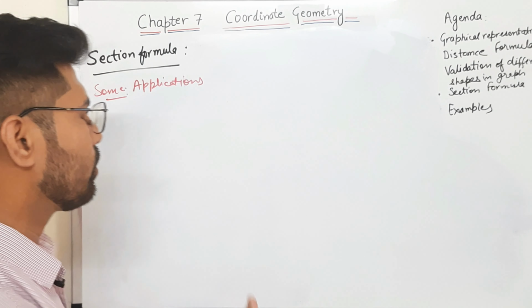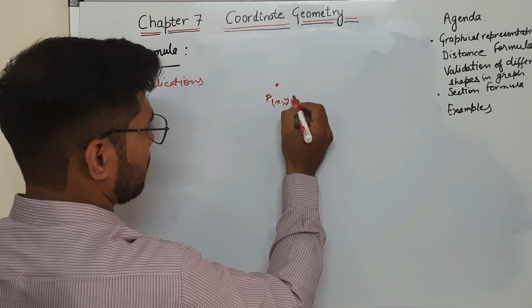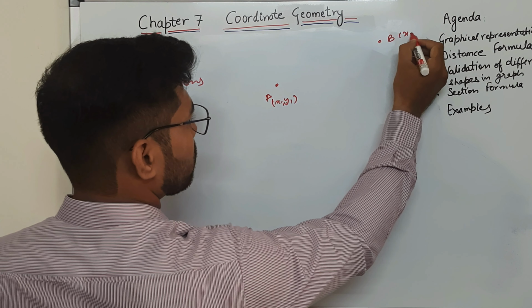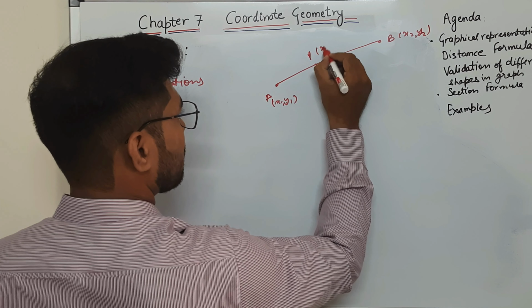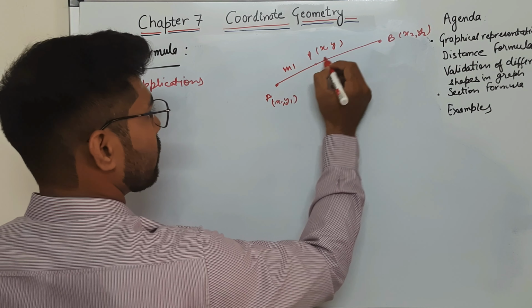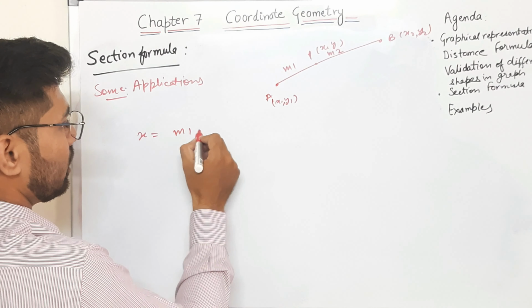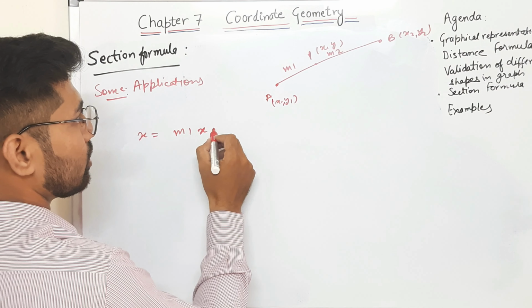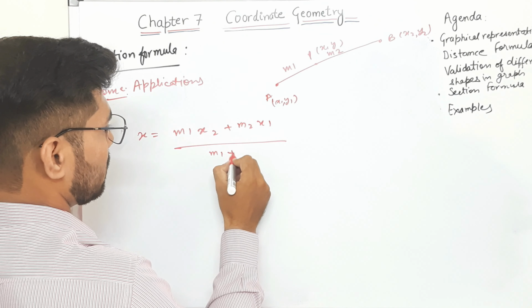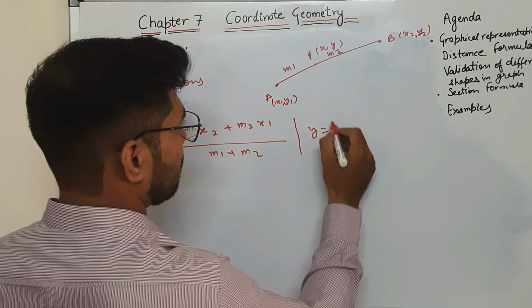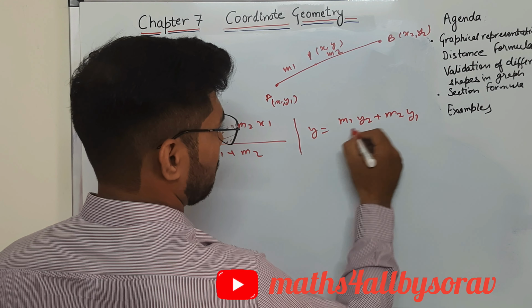As per the section formula, we know, if there's a point A which is (x1, y1) and a point B (x2, y2), and there's a point P here (x, y), which divides the line in the ratio m1 and m2, then x will be (m1 x2 plus m2 x1) upon (m1 plus m2), and y will be (m1 y2 plus m2 y1) upon (m1 plus m2).